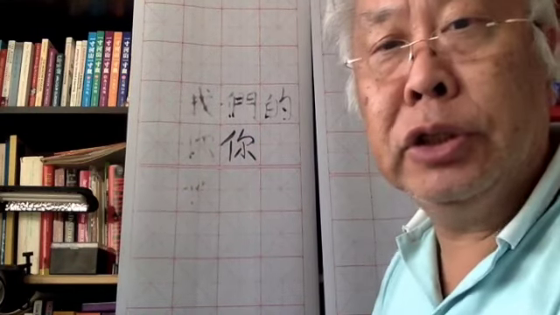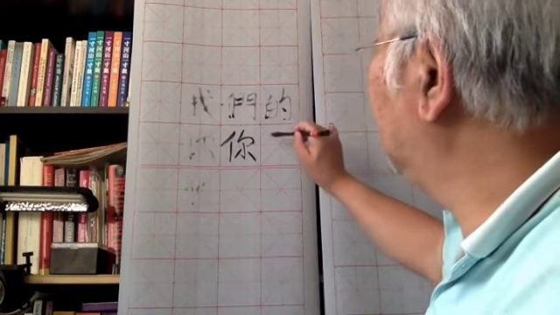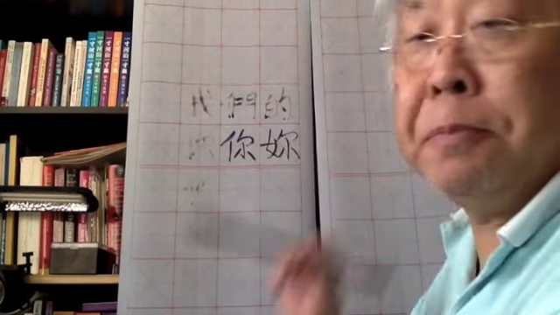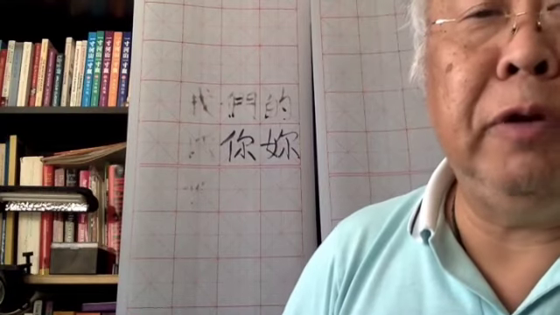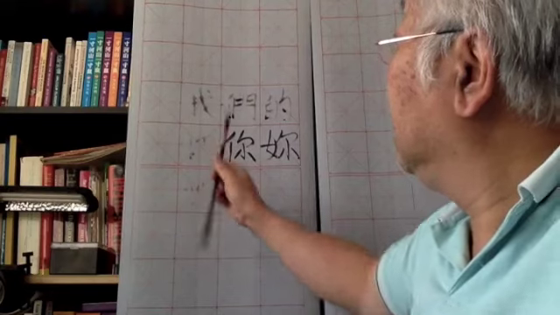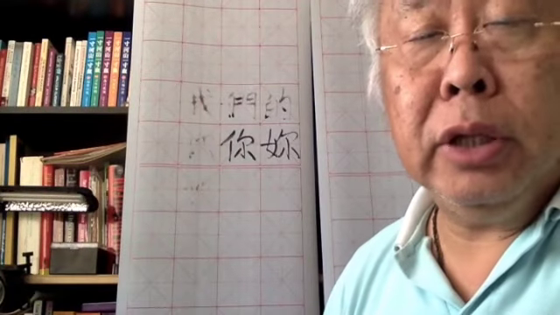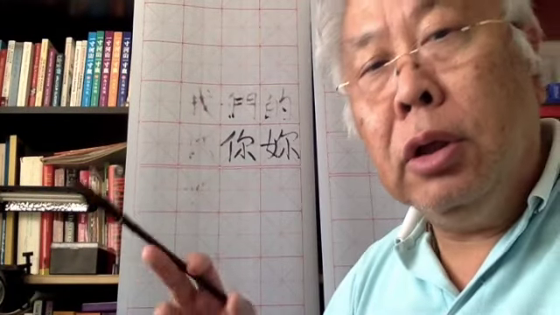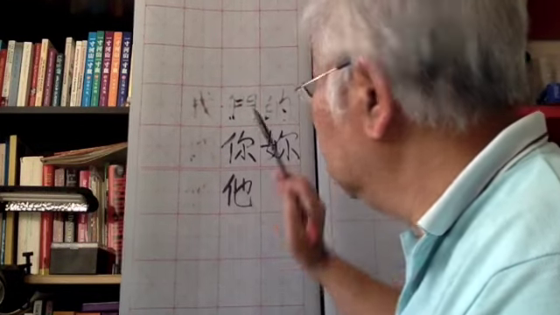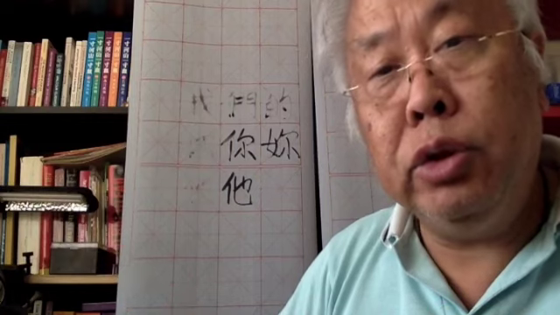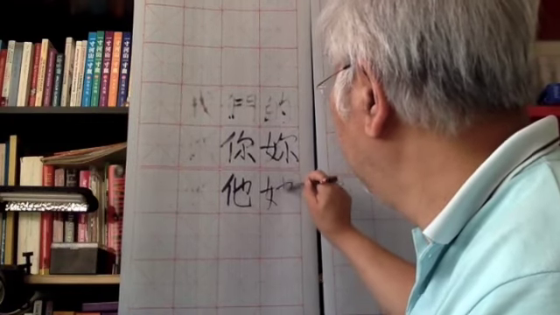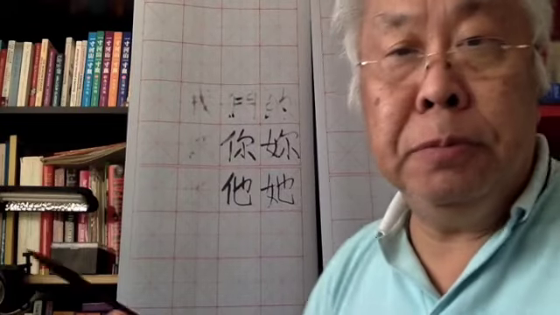This is the general form. So the feminized form is this. We change to the feminized form by putting a girl instead of a man or people next to it. Similarly, for the third person, which is written like this as a neutral form, it becomes this.